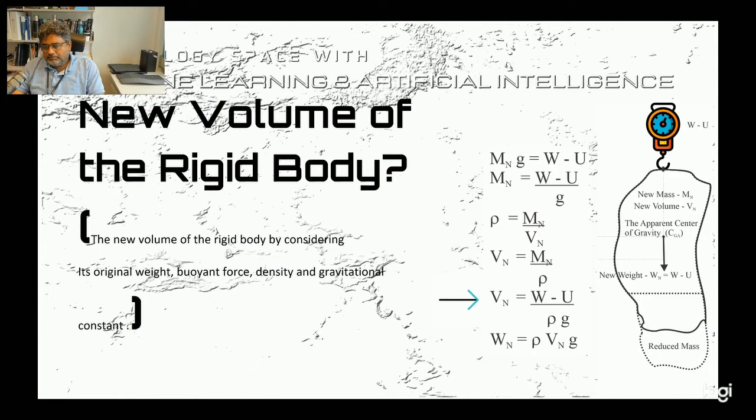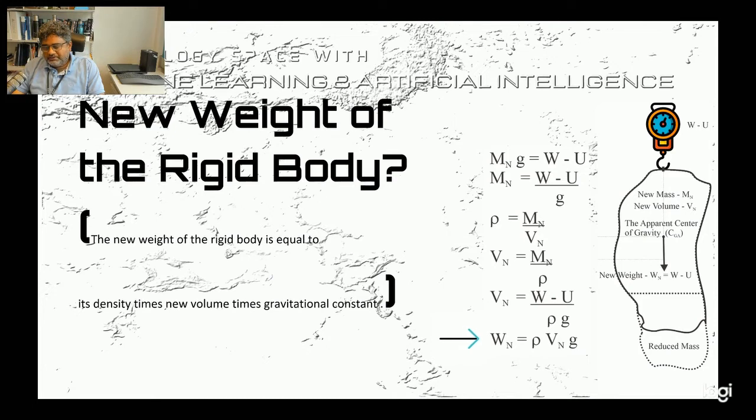And then if you apply that mass equation which you have derived in the previous steps into this equation, you will end up with a new equation saying that the new volume of that rigid body equals the original weight of that rigid body minus the buoyant force, divided by the density times the gravitational constant. So that means W minus U divided by rho G.